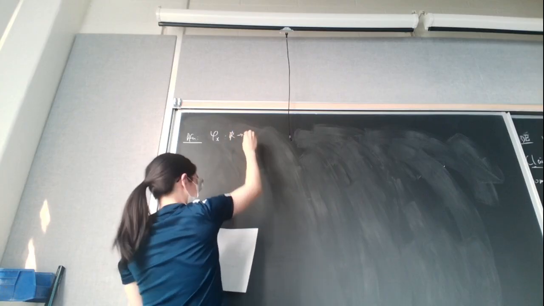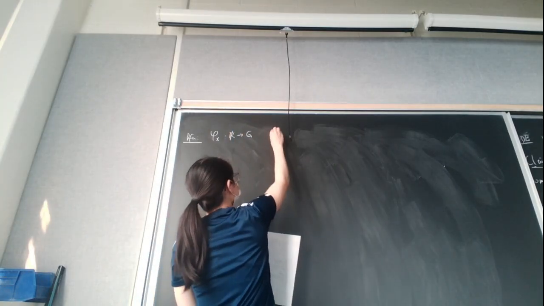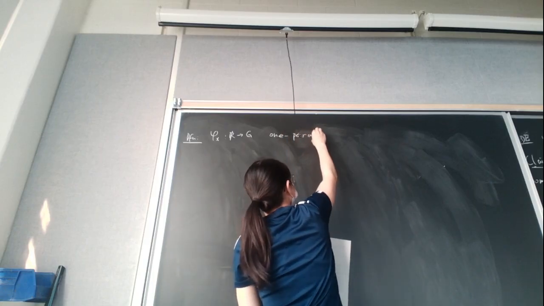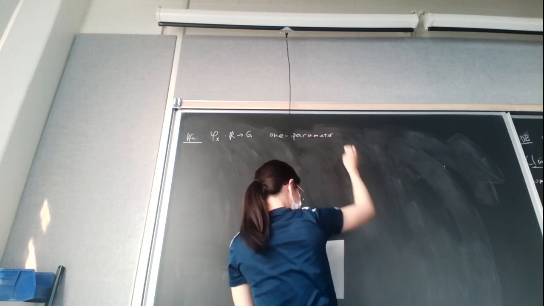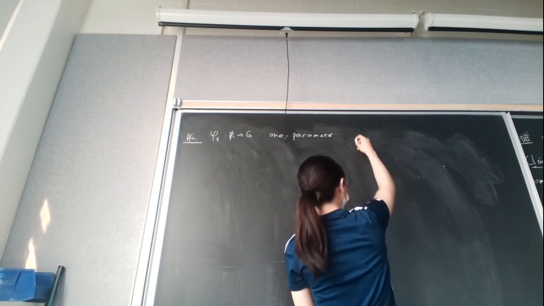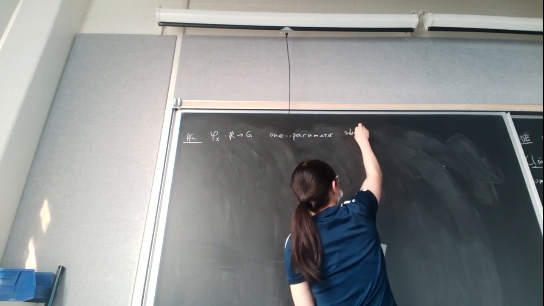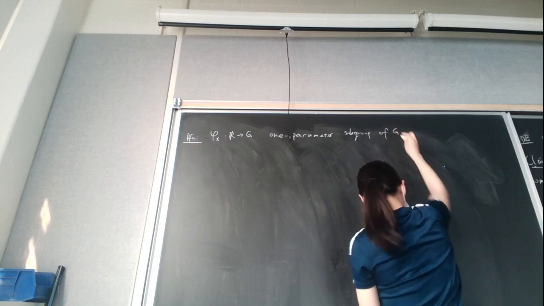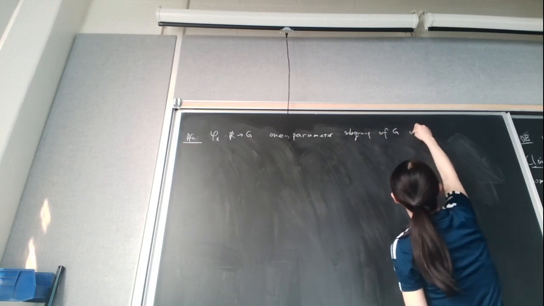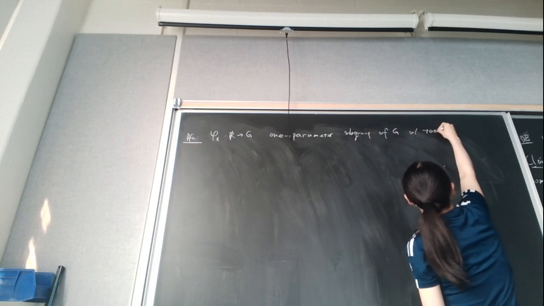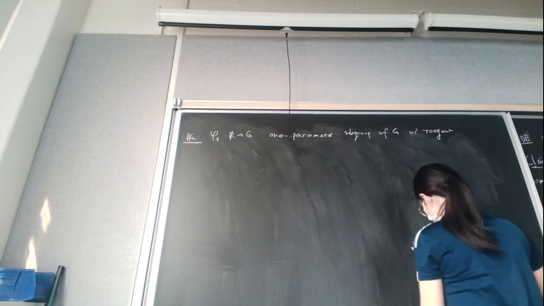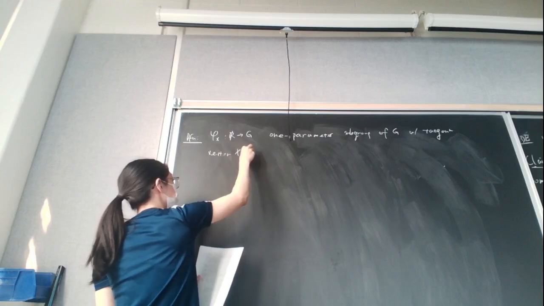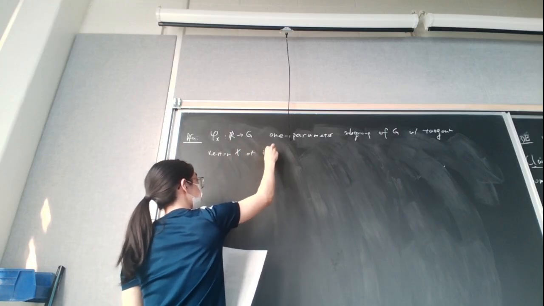From R to G, this is called the one parameter subgroup of G with tangent vector x at identity.